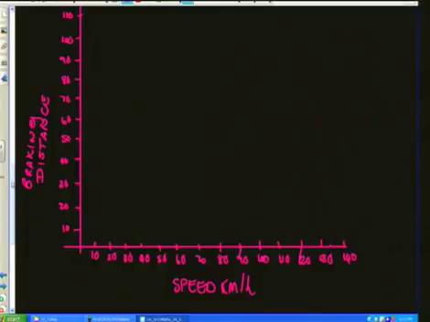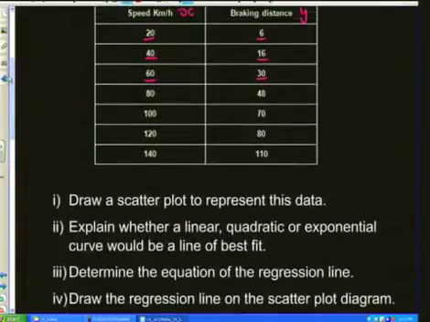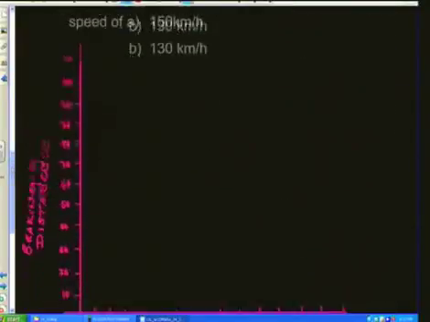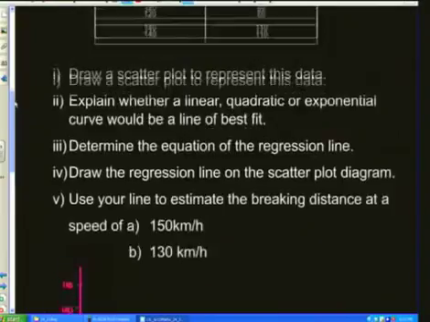Okay, right, so let's plot. We're going to have to go back and forth a little bit, so just bear with me. 20 was 6 and 40 is 16. So 20 is at 6, which is around about there. 40 was at 16. If you want to use a guideline, we're going to have to estimate 16 probably about over here. And that's to 40. So there's our point. What was our next two?